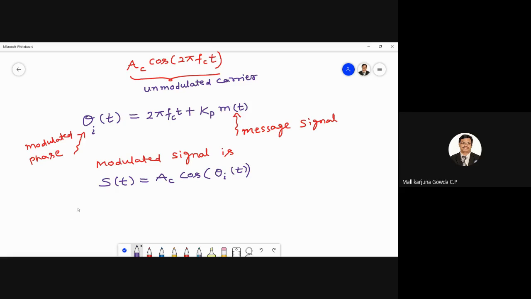Now let me substitute the value of theta i of t in this equation. So that becomes the phase modulated signal.